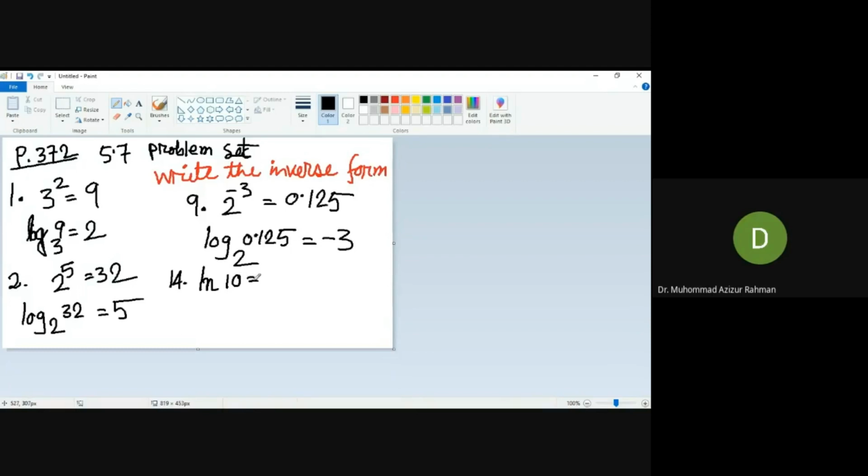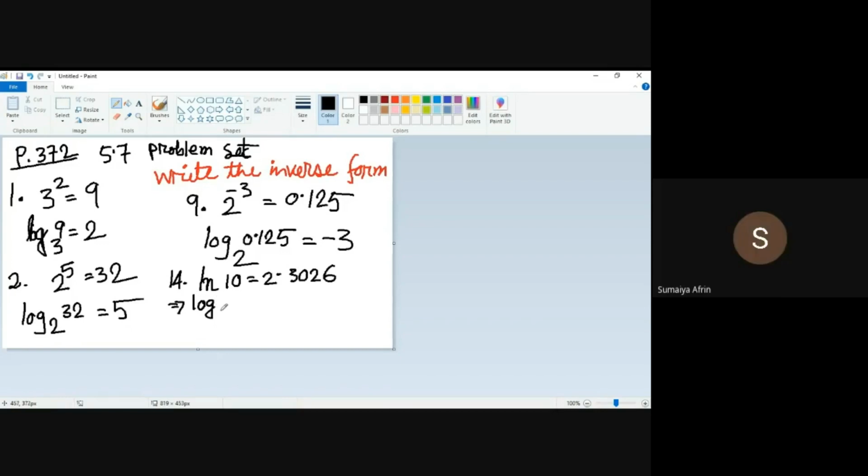What should we do now? ln means log e. Then log e of 10 equals 2.3026.